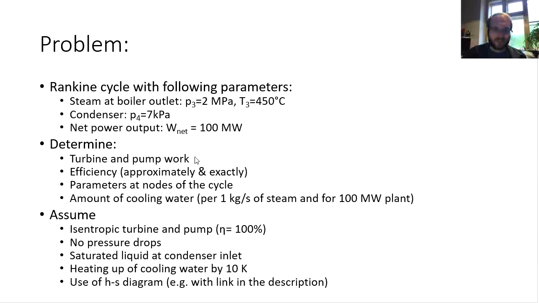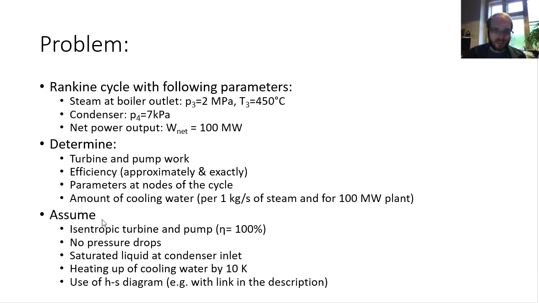We want to get the pump work and turbine work and the efficiency of the cycle, and we will show two methods, one precise and one approximate. Then get all the parameters in the nodes of the cycle and determine the required amount of cooling water flowing through the condenser.